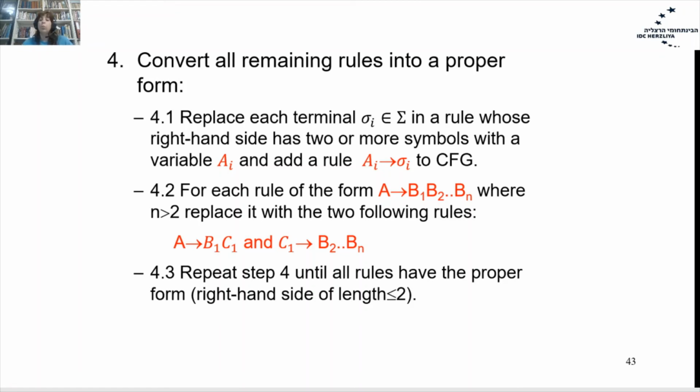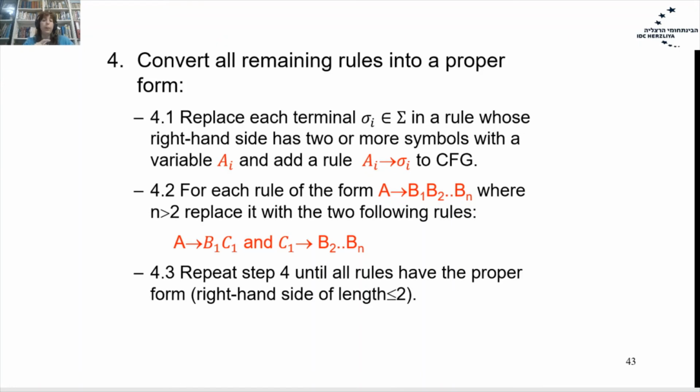For each rule of the form A derives several variables on the right-hand side, b1, b2, ..., bn, where n is greater than 2, we will replace this rule by the two following rules. A will derive b1 with an additional variable c1. From c1, we will derive the rest of the rule, b2, b3, ..., bn.